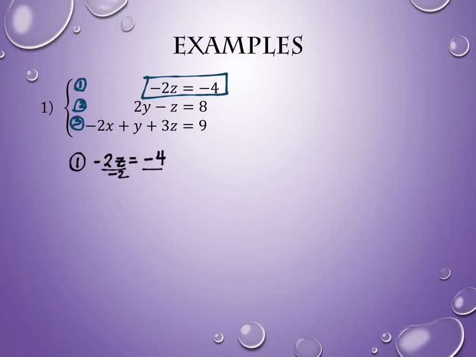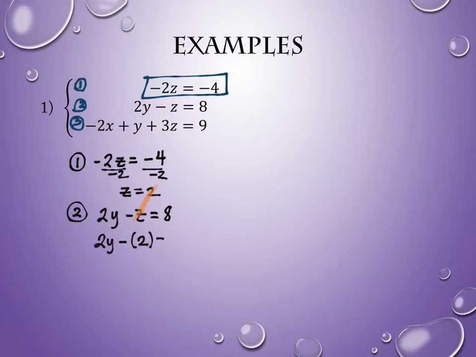If I divide by -2, I find out that Z is equal to 2. That's really good information, because the second equation only has 2 variables, and one of them is Z. Z is 2. So I can take equation number 2, which is 2y minus Z equals 8, and plug in the 2 for the Z.